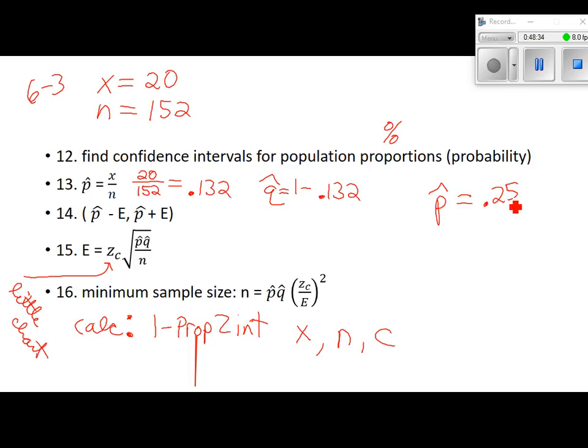And I told you N was 210. So our sample size was 210. And we were trying to find the interval. Well, what three things do we need to know for the interval? X, N, and C, right? Well, we know N and C, but we don't know X. How could we go about finding X from this information that we're given?